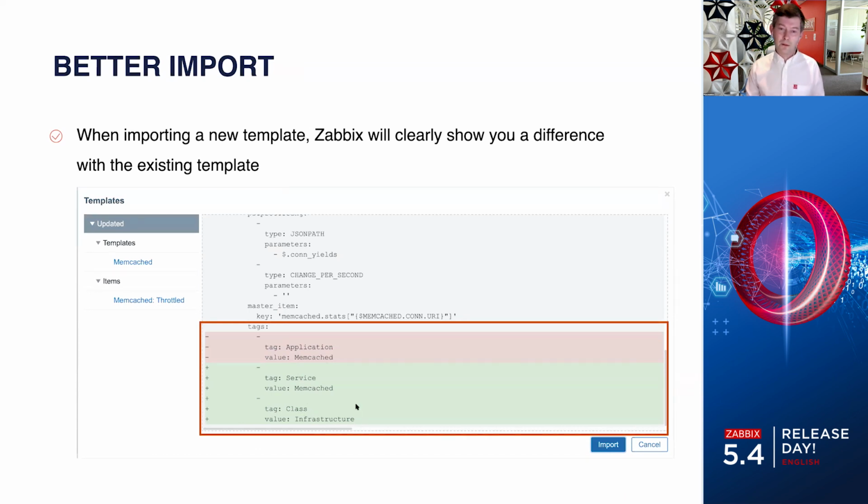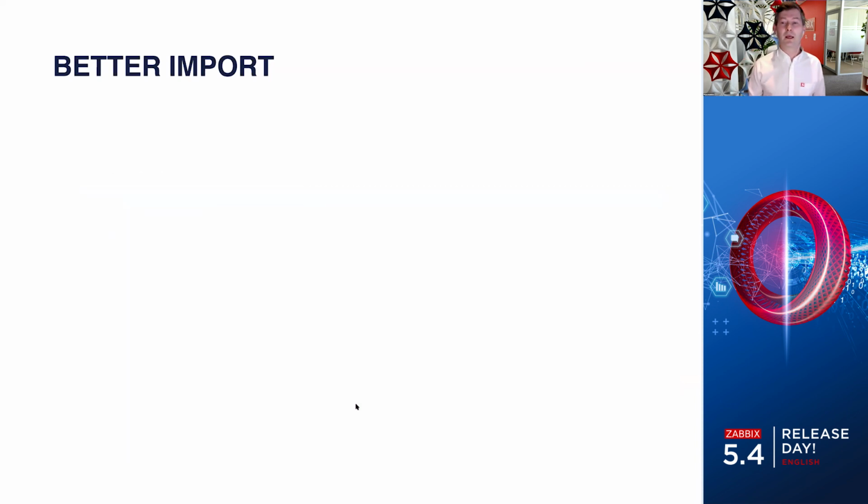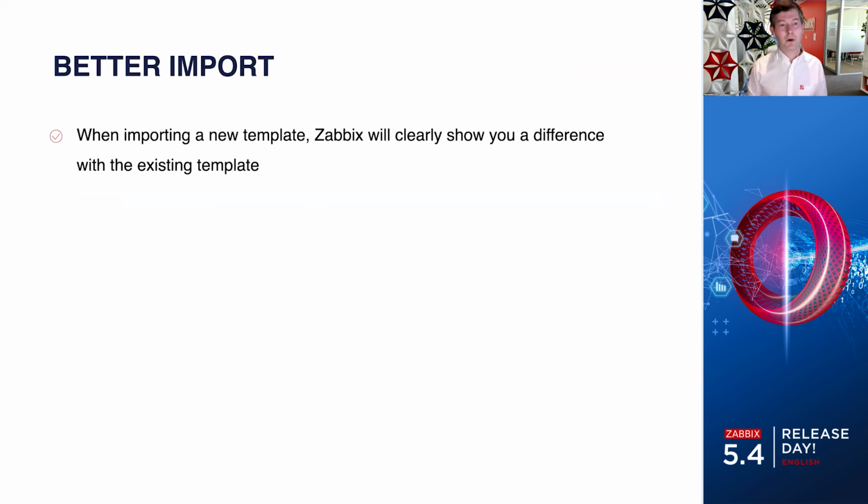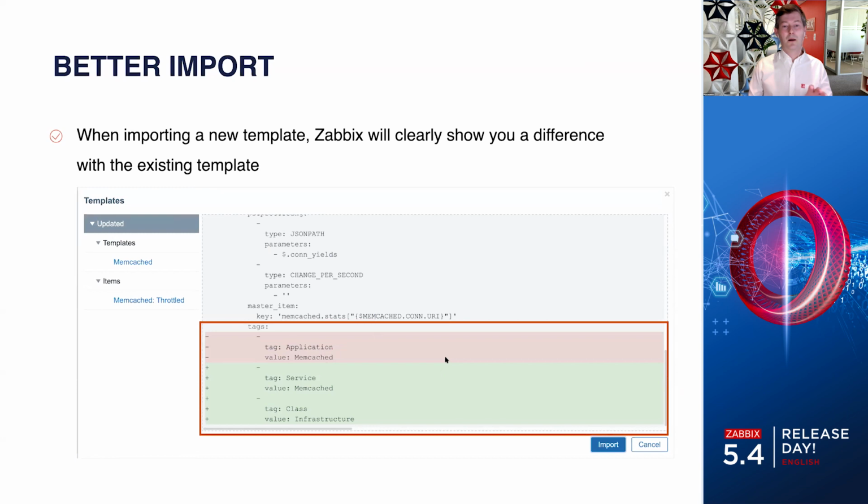And during the import, I see immediately what's the difference between what I already have in Zabbix, my existing Memcache template, and the new template, so that I can easily review all those changes, and then I just press the import button, and those changes will be applied to my configuration. So very, very nice and highly anticipated feature.